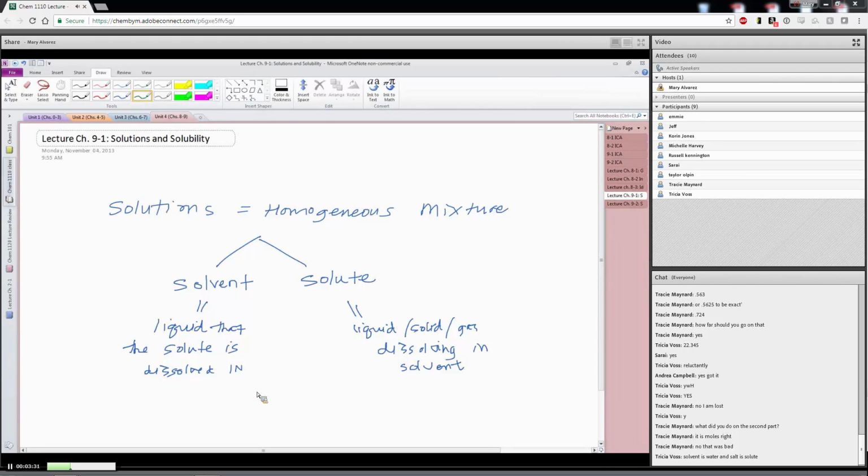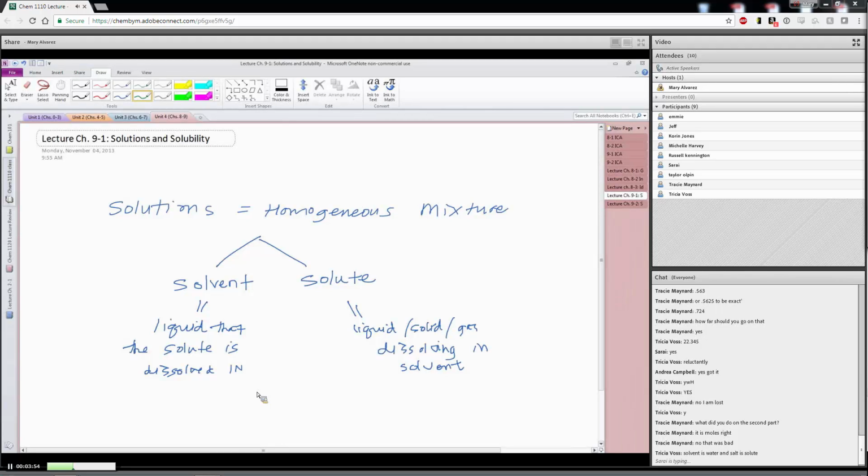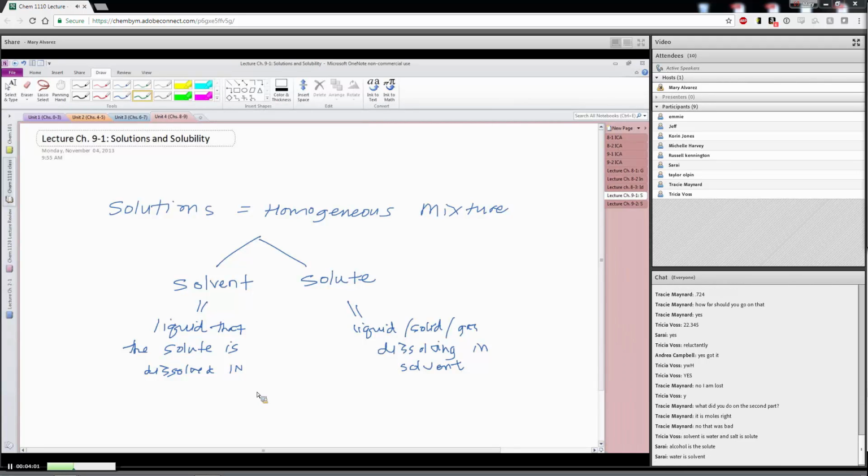Okay, what if I have a solution of 30% isopropyl alcohol from the store? 30% isopropyl alcohol is telling you that 30% is isopropyl alcohol and the other remaining 70% is water. So which of those is the solvent and which is the solute? Perfect. Sarai says alcohol is the solute and water is the solvent.